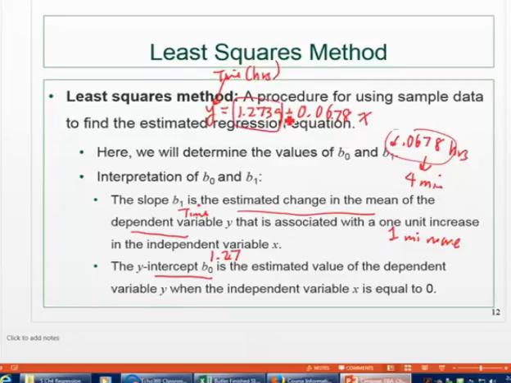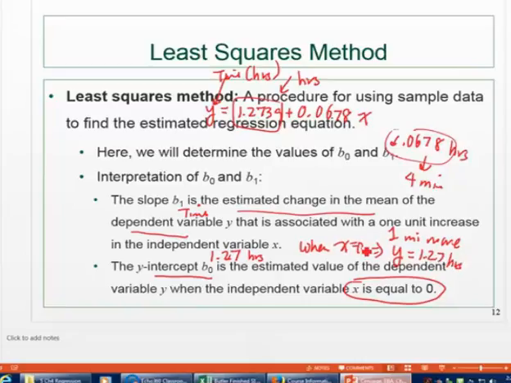The intercept will be the same unit as the y. So this would mean 1.27 hours. This is saying if x is equal to 0, then the y value will be about 1.27 hours.